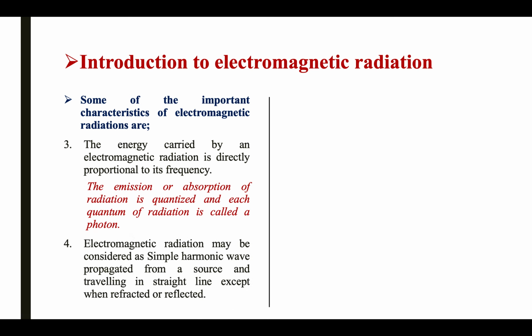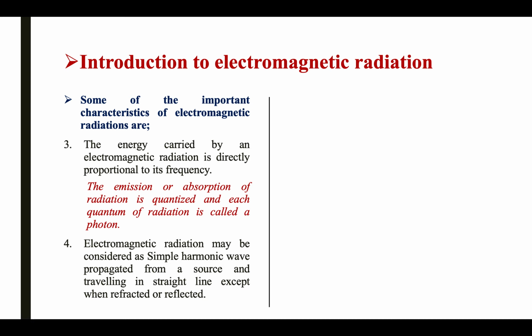The fourth characteristic of electromagnetic radiation is that it may be considered as a simple harmonic wave propagated from a source and traveling in a straight line, except when refracted or reflected.